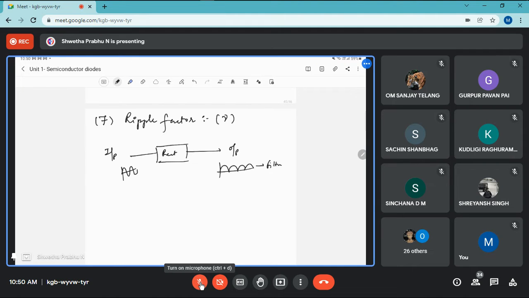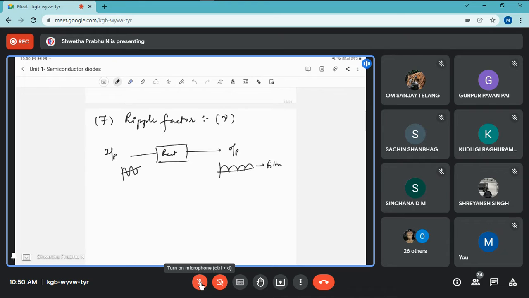Ripples are nothing but noise-like impurities which are present in the rectified output.